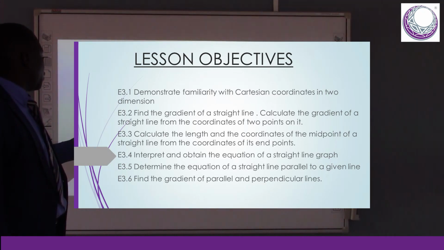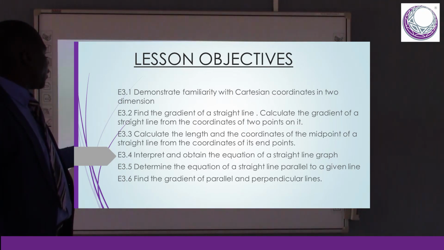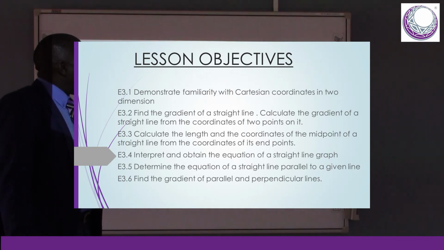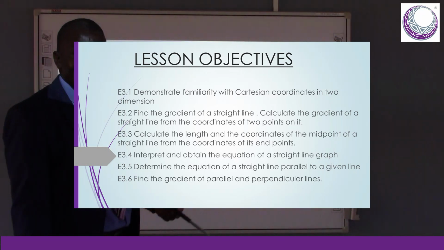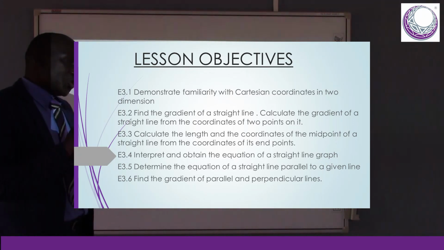E3.2: find the gradient of a straight line. Calculate the gradient of a straight line from the coordinates of 2 points on it. So we should be able to define what gradient is, and then calculate the gradient when we are given 2 points.